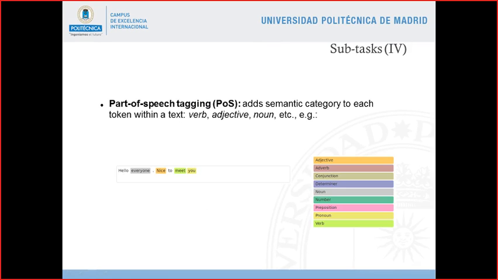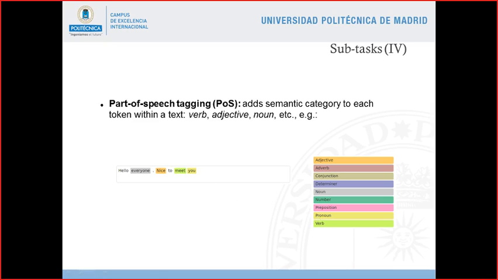Part of speech tagging adds to each token its semantic category, for example, if the token is a verb, an adjective, a punctuation mark, a noun, etc. In this case, with "hello everyone, nice to meet you," I use part of speech and obtain that everyone is a noun, nice is an adjective, meet is a verb, and you is a pronoun.